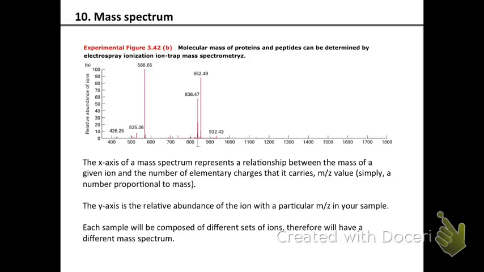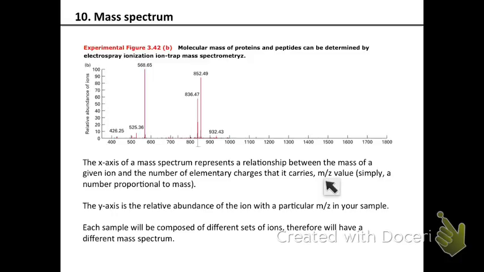What is the output from mass spectrometers? The mass spectrometer's output is called a mass spectrum, okay? So it looks something like this. It's expressed in a graph that looks like this. So this is called the mass spectrum. The x-axis of this graph represents the relationship between the mass of the given ion and the number of elementary charges it carries. That's basically the m to z value.